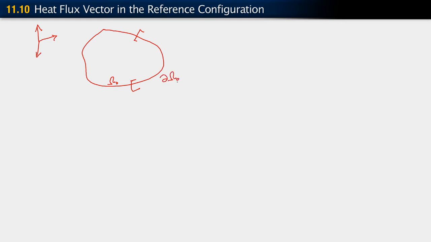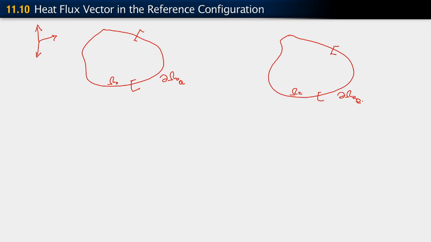So here I will call it partial of omega naught, capital Q. And in the current configuration, I will call it partial of omega sub t, also capital Q. All right?